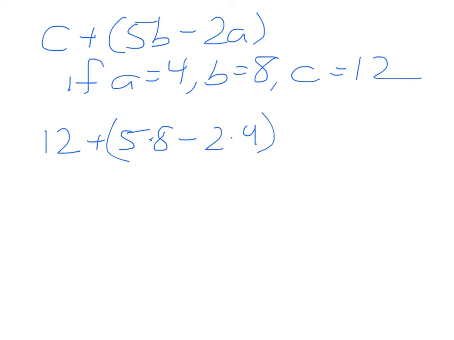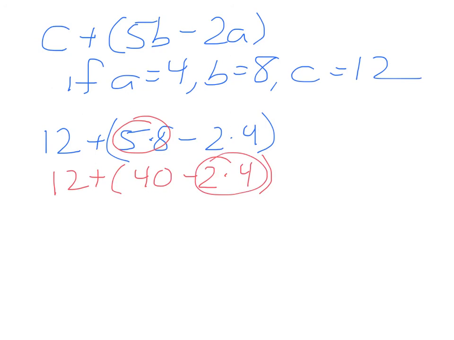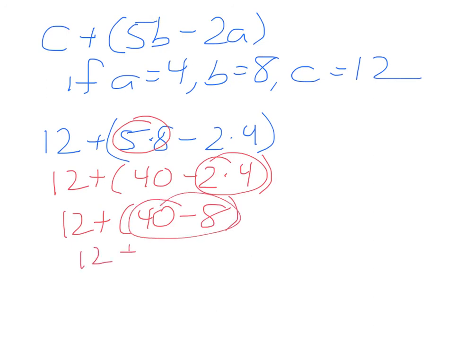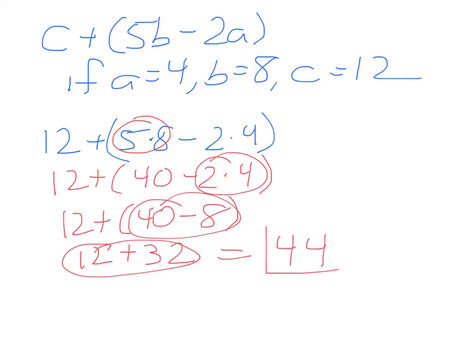Of course we're going to do the multiplication first: 12 plus 40 minus 2 times 4. I do the 2 times 4 and get 12 plus 40 minus 8. Then 40 minus 8 is 32, and 12 plus 32 is 44. So the answer I should have gotten is 44. Did you get that one correct?